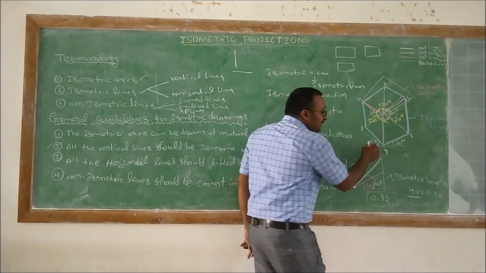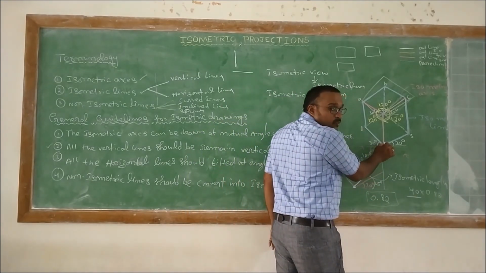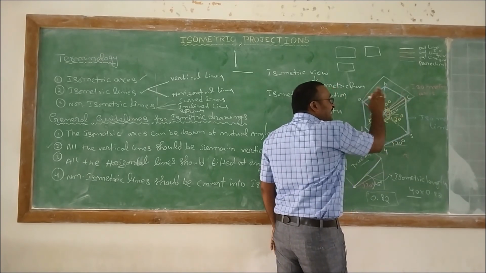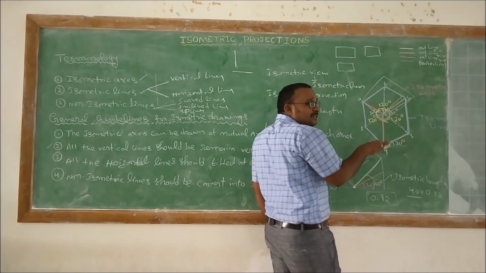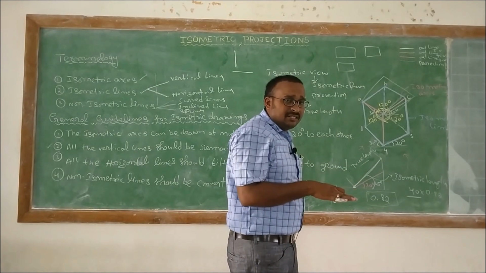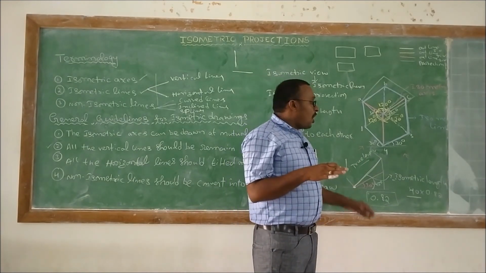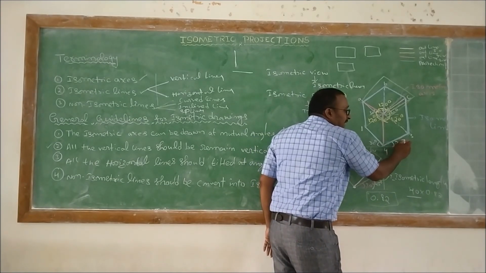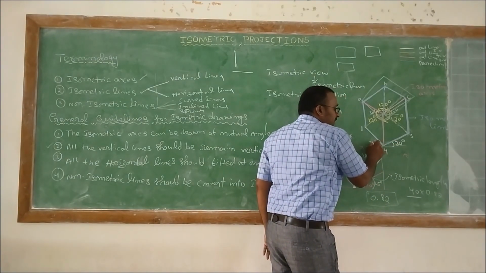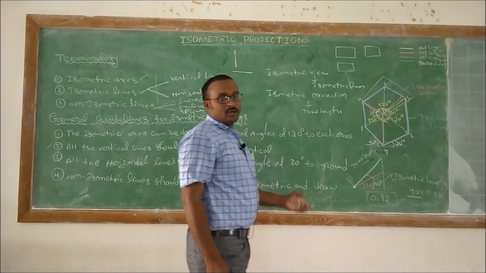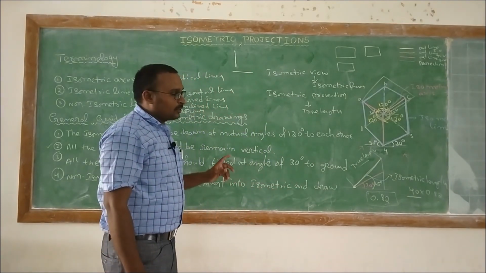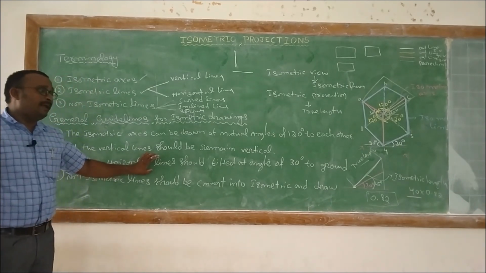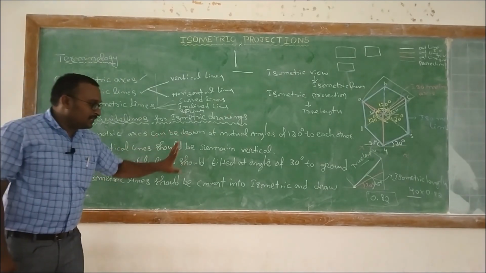So here you can see these lines are parallel to the ground as usual, these are horizontal lines. So all the horizontal lines must be 30 degrees inclined to the ground. Please remember that. Whenever we are converting an orthographic projection into an isometric view, the horizontal line should be tilted at an angle of 30 degrees to the ground.